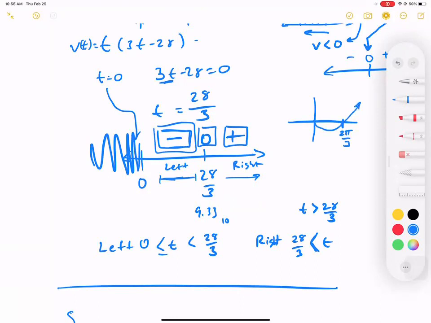Sorry, bad. Okay, so I was losing position, right? Because velocity was negative, and then at some point, 28 over 3, I changed my mind, and then I started gaining position to the right. That's how we should look at this. So this is my original s of t graph. Sorry about that.